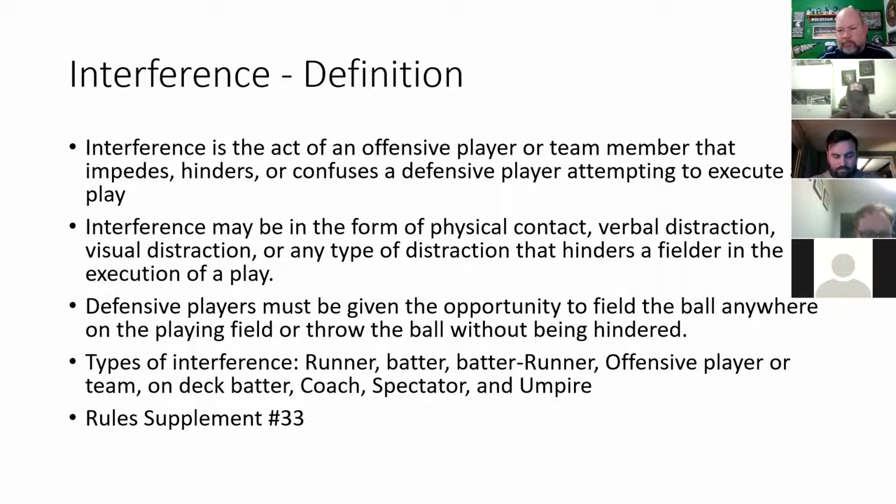The reason we let it continue is because the defense has made some kind of a mistake, and we don't want to penalize the offense for it. If they're running the bases and they get an overthrow, they could get other runs scoring. That's why we don't kill it for obstruction. Let the play continue, and then we have our rules for when we stop the play and they can or cannot be called out.